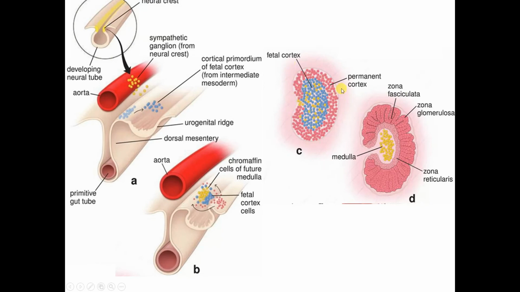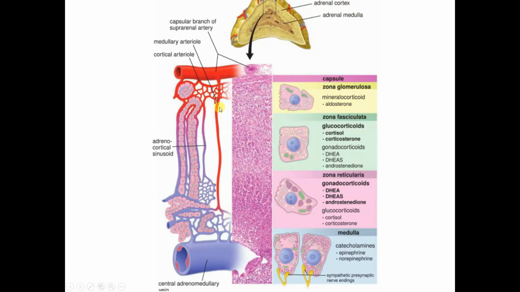This is the fetal cortex, this is the permanent cortex, and from the permanent cortex are produced zona fasciculata, glomerulosa, and reticularis, and the medulla is formed by neural crest cells. Here you can see the function of them. This is a picture of cells of zona glomerulosa, fasciculata, reticularis. It's for your self observation because I already explained it.